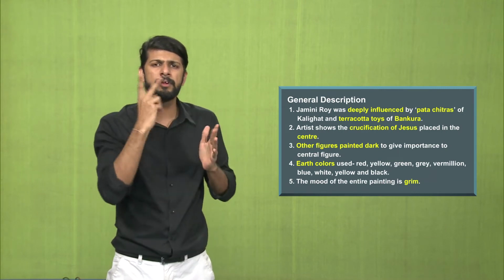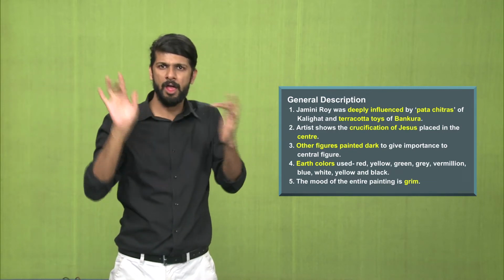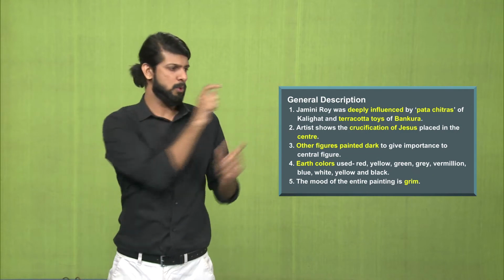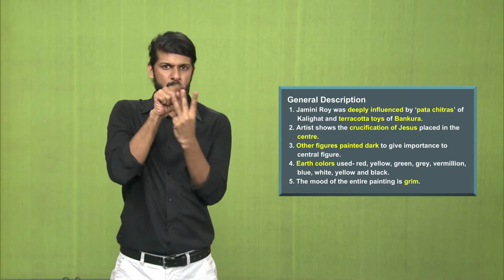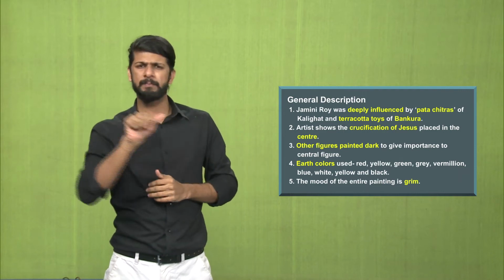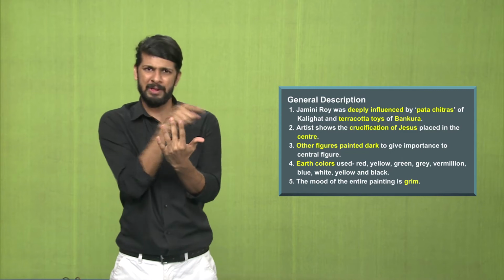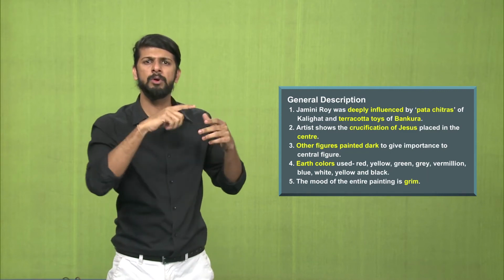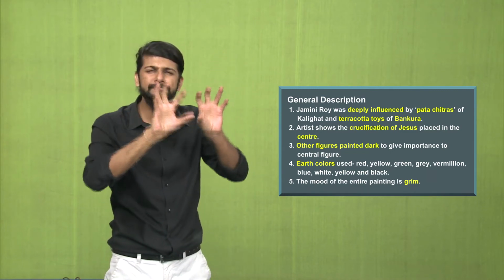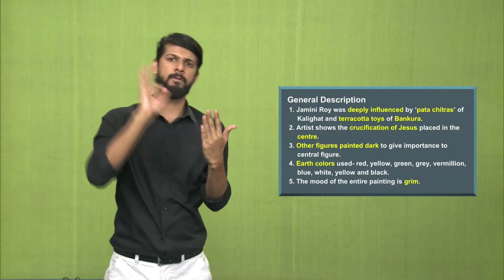The artist through this painting is showing the crucifixion of Jesus, and Jesus is placed in the center. You would also notice that the other figures are painted dark to give importance to the central figure, which is Jesus.